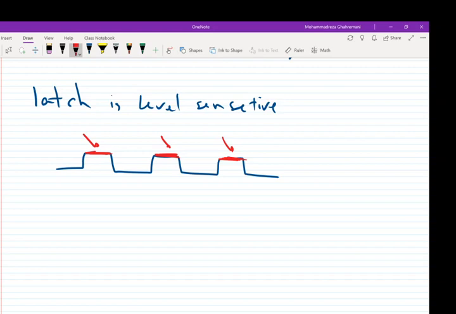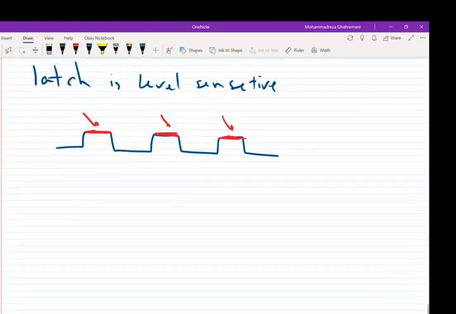Okay, so since the state of this latch may keep changing for as long as the clock pulse is active, we may have different outputs in one clock cycle. Hence, we need a storage element that can change its state no more than once during one clock cycle.